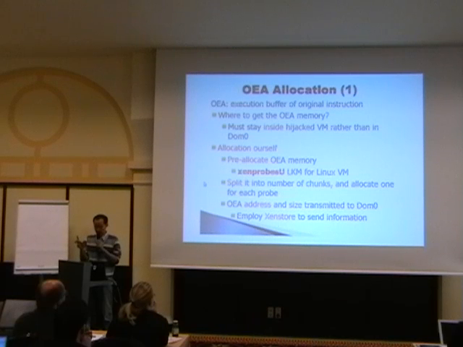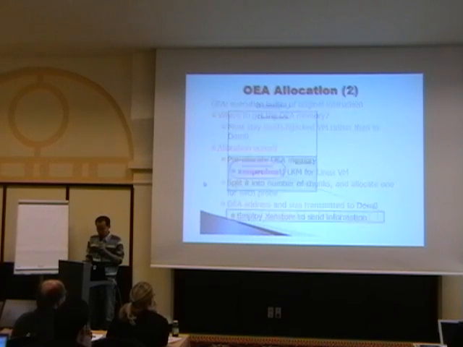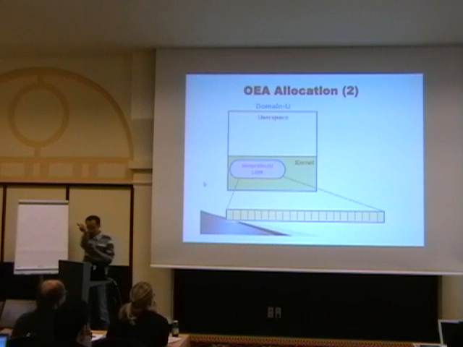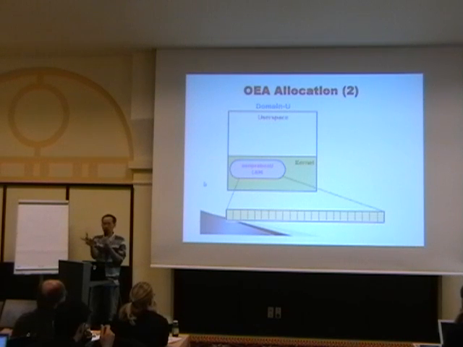In our solution, we pre-allocate the outline buffer inside the hijacked virtual machine. First of all, we inject one kernel module into the Linux kernel memory inside the virtual machine, and this module will allocate 4 kilobytes of memory first, and after that it splits this 4 kilobytes into multiple slots.